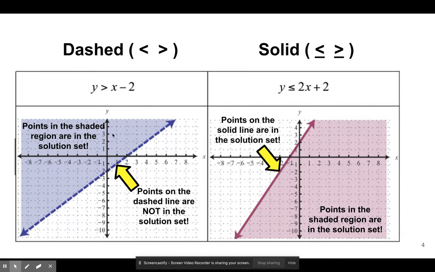So the only solutions are the ones in the shaded area. Whereas if we do have equal to, the points in the shaded area are solutions, but the points on the line are also solutions too. So the difference here is that if it is equal to, the points on the line are included. If it is not equal to, then the points on the line are not included in the solution set.